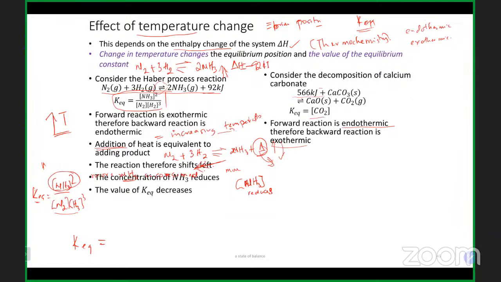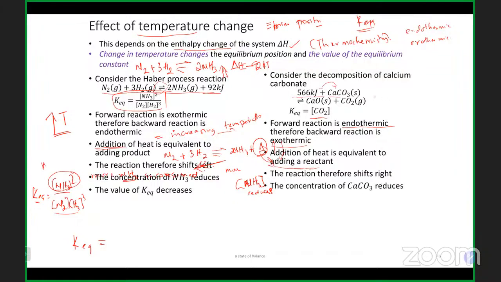This is our K equilibrium. What is different is that the addition of heat in this case is the same thing as adding a reactant. So if you add a reactant, it means that more of CaCO3 is consumed and its concentration reduces. This implies that we have more CO2. So if more CO2 is produced, then K equilibrium increases.